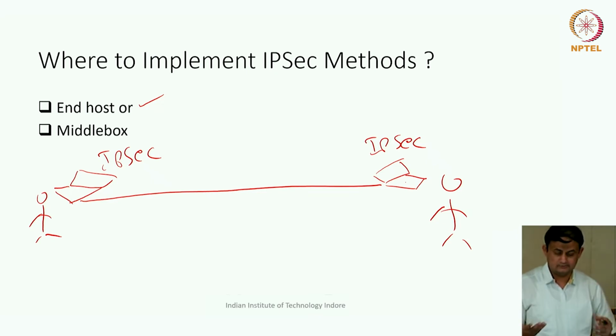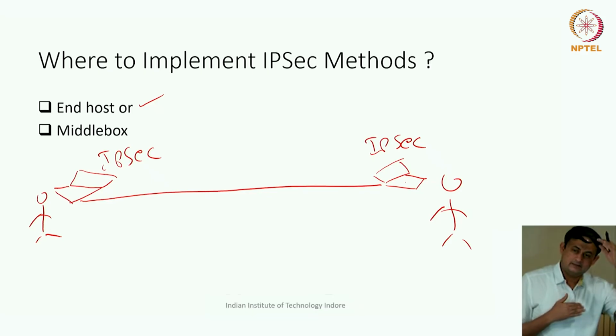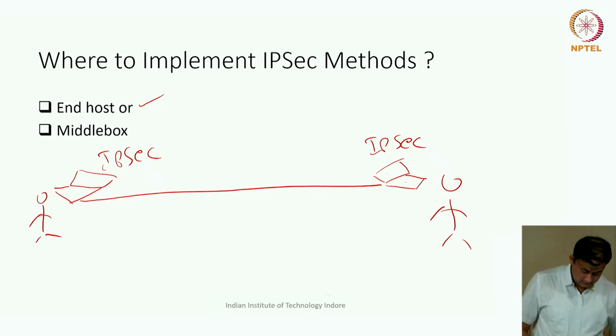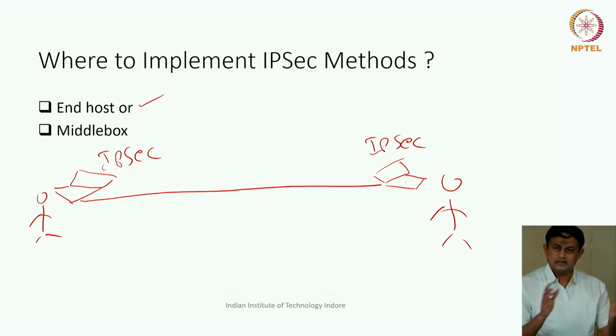So this is one scenario. If this is what is required, then you can think of the implication. You need to tweak the TCP/IP stack of every computer, every user. So how many computers are there? All of them, whichever are required to use IPSec, in all of them you need to make these changes. So that is one case, but this is rarely used.